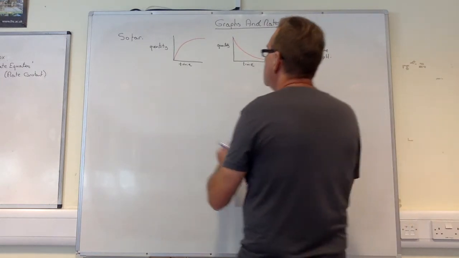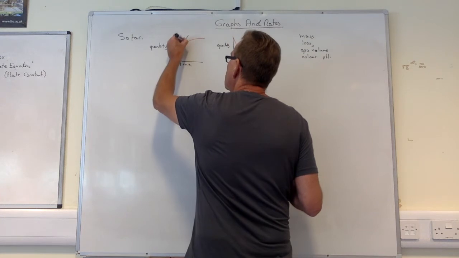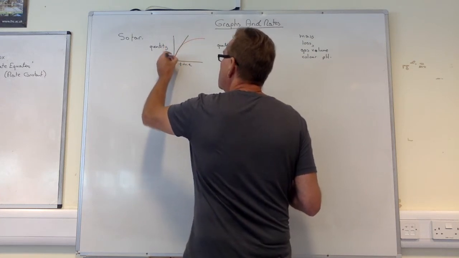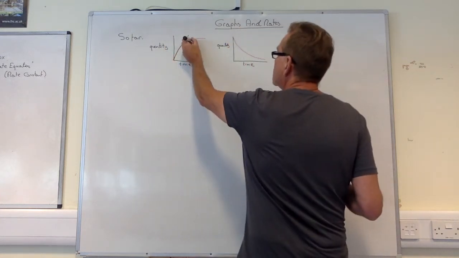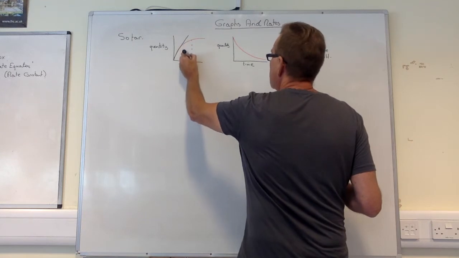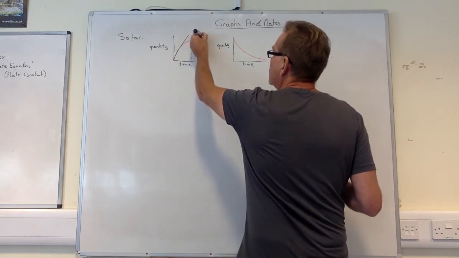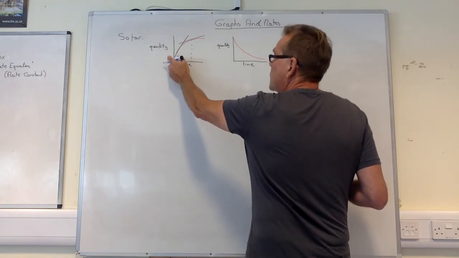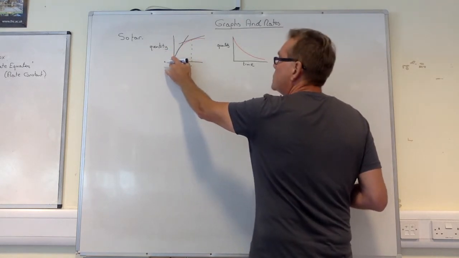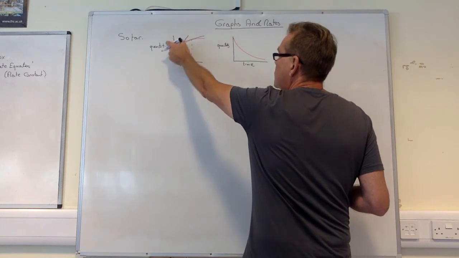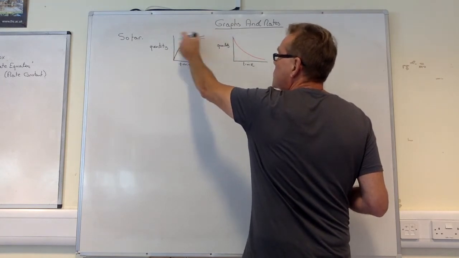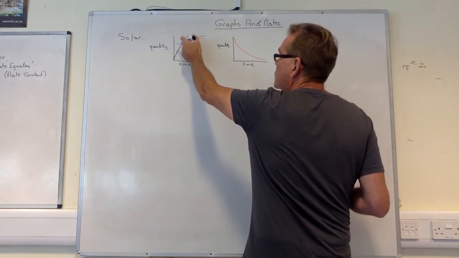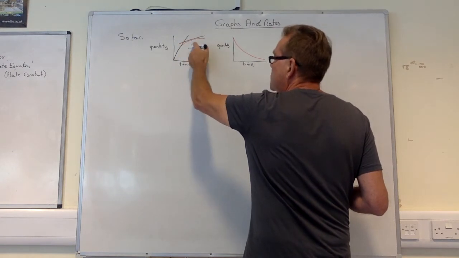That, of course, gives you a way to do a gradient, an initial rate gradient, or in fact, a gradient anywhere. At AS, they might say the rate after 0, the initial rate, which is by far the most important. But you can take a tangent at anywhere on that graph, and you can do the rate at any particular point in time.